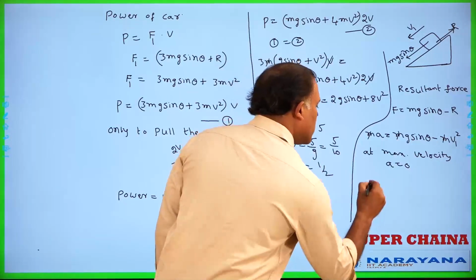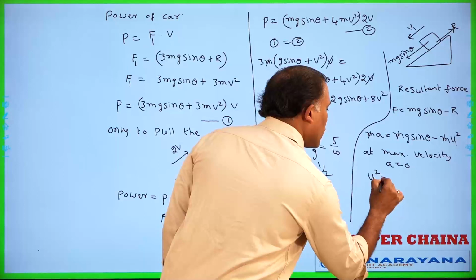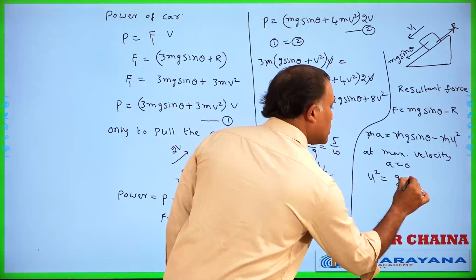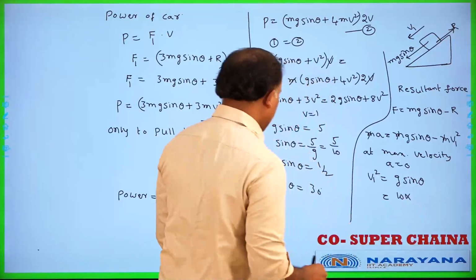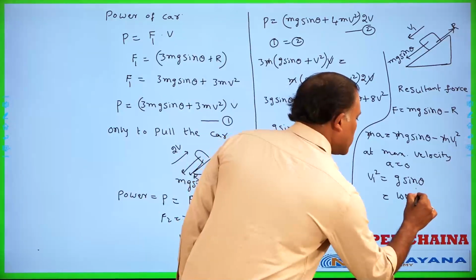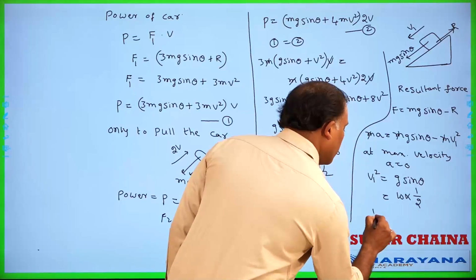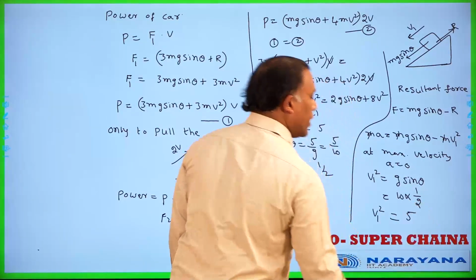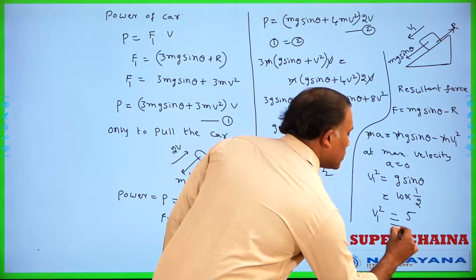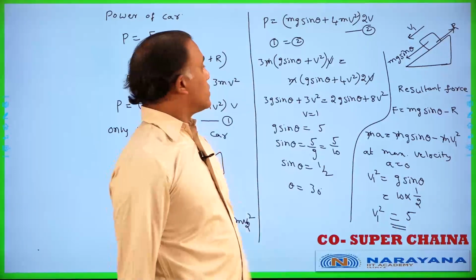Acceleration equal to 0 means v1 square is equal to g sine theta. What is the gravity? 10. What is the sine theta value? 1 by 2. Then v1 square will be equal to 5. So this is the answer for you.